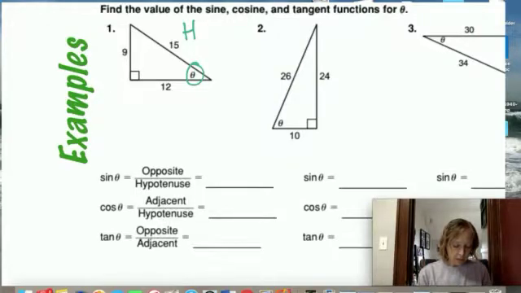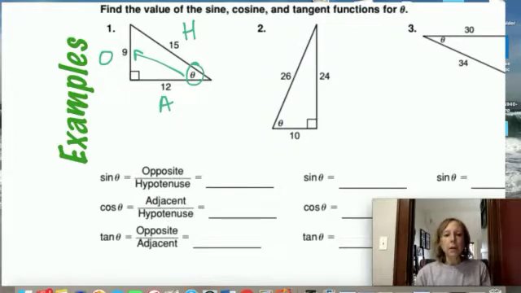Opposite is always the side across the triangle from the angle, which means adjacent is next to the angle. All right, let's write our fractions and we'll reduce them as well. It is an expectation in this unit that you reduce your fractions correctly. Opposite over hypotenuse would be 9 over 15. Reduce that to 3/5.